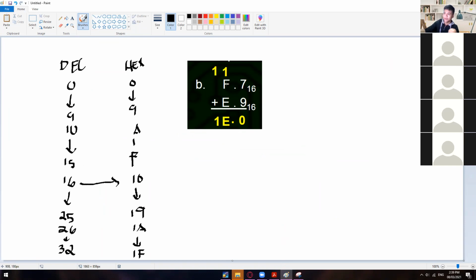And then we have here F and then E. So if you're going to add all of those, F is equal to 15, and then E is 14, and then plus 1. So as you guys can see, this one is equal to 30. And 30 right here is equal to, so 31 is 1E.